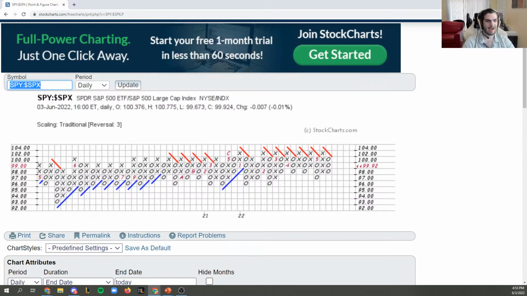Notice how closely these charts, or how close the relationship is. 97, I guess 96 is the floor. 102 to 103.99 is the ceiling. And it bounces pretty consistently between those, or at least it has for 2022.